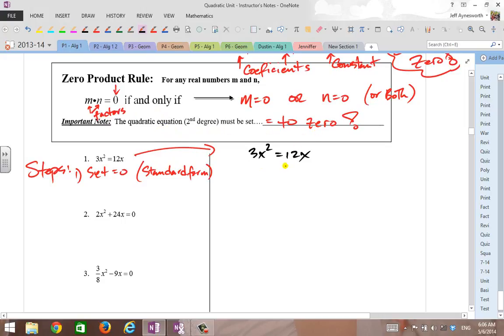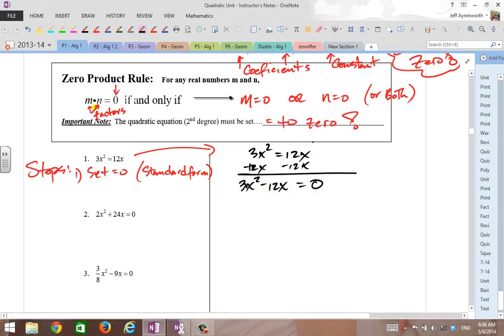So that's easy. We subtract 12x on both sides and make the right-hand side equal to 0. So when we do that, we got 0 here. We got 3x squared minus 12x. Those are not like terms, so you can't combine them. And the right-hand side is equal to 0 now. When we do that, we factor out the GCF.